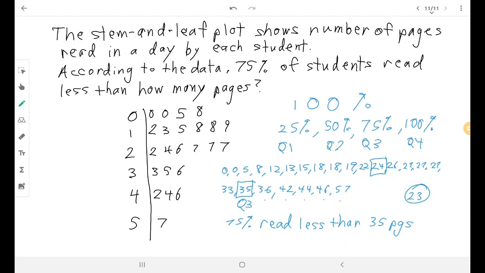That's what that means. The last 75% is right there. So all the rest of them read less than that. So that's the last 25% there. The other 75% is before that. Okay? I'll give you a moment to look at that.